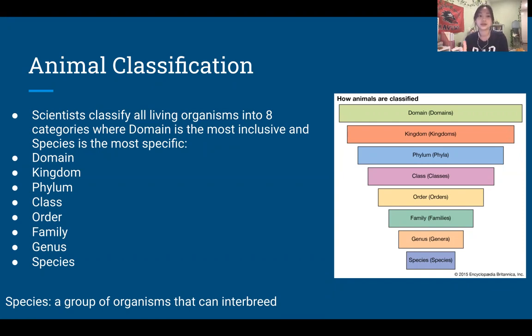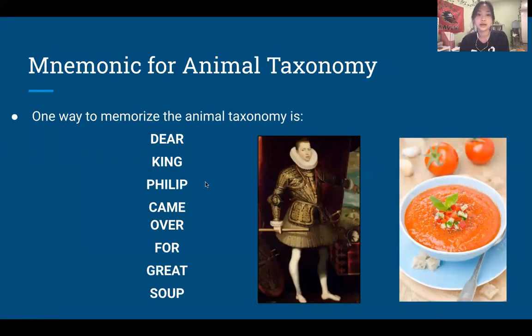The order goes domain, kingdom, phylum, class, order, family, genus, and species, with the definition of species being a group of organisms that can interbreed with each other and produce offspring. One way to memorize animal taxonomy, a mnemonic for it, is Dear King Philip came over for great soup.